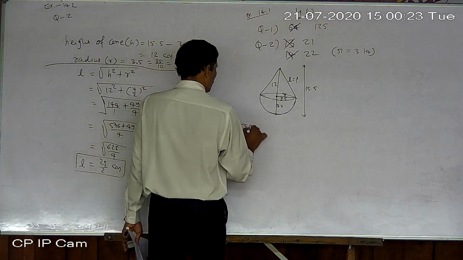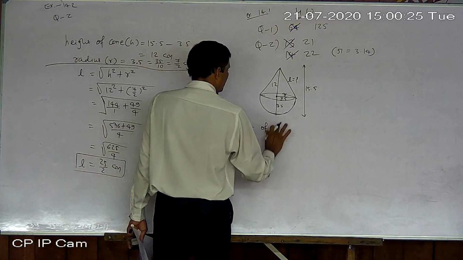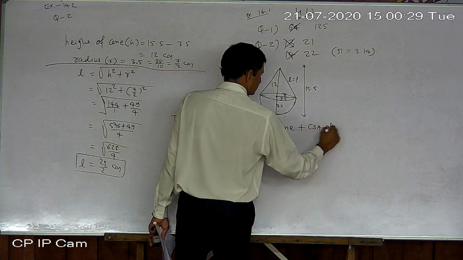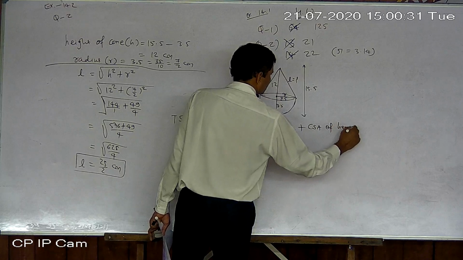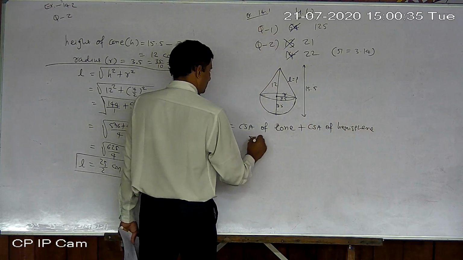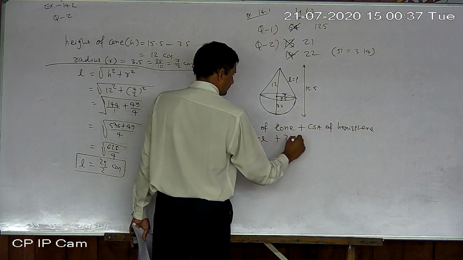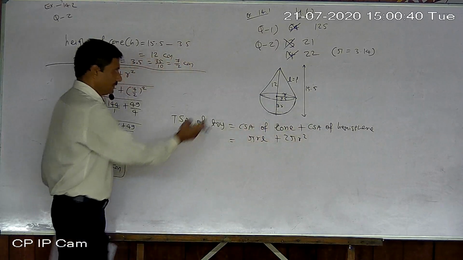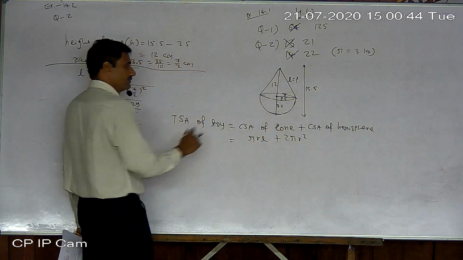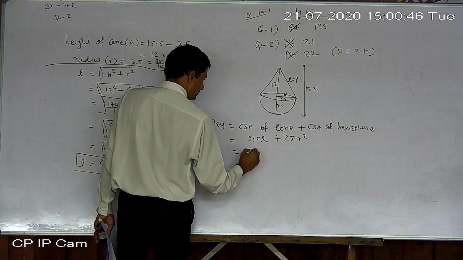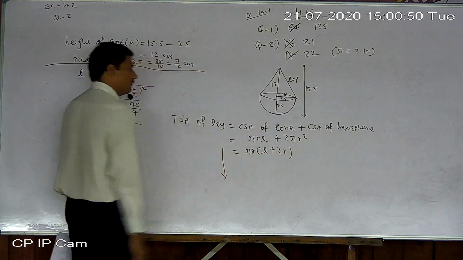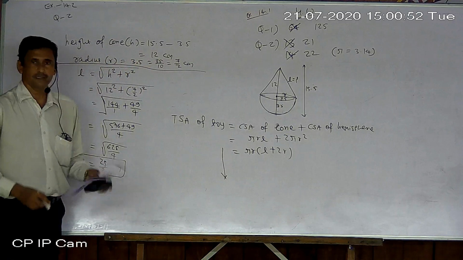So CSA of cone plus CSA of hemisphere is equal to pi r L plus 2 pi r square. Do you understand? Only the CSAs are added, pi r taken common. So L plus 2 r is left. Now you can place all values and you can find the answer also.